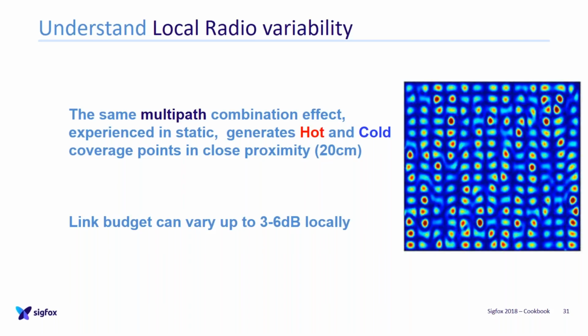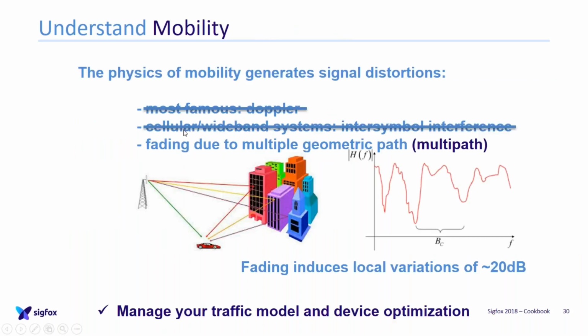Multipath is not only visible in mobility. It also happens around us all the time, also in static conditions, also in your microwave oven. It's not exactly the same, but it's a positive and destructive recombination of waves and energy that generates hot points, which were the top part of the signal on the previous slide, and cold points, which are the lower parts.